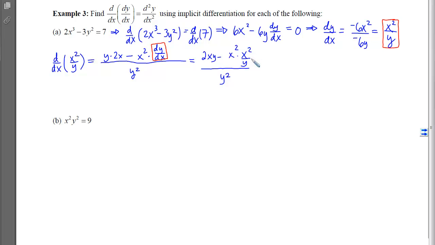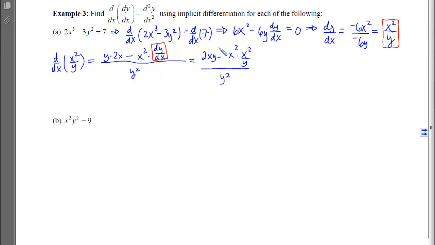Now this on a free response would be correct. However, it's kind of messy, so it's unlikely that this would show up as an answer on a multiple choice. So you need to be comfortable simplifying this and making it look better. So in order to do that, we need to get rid of the complex fraction.